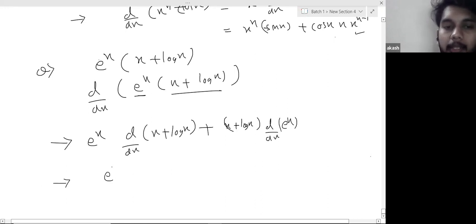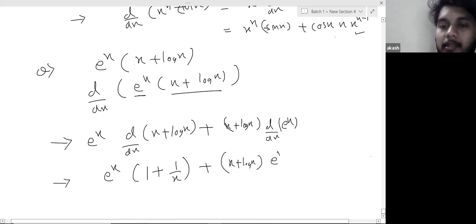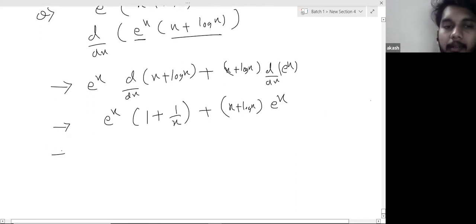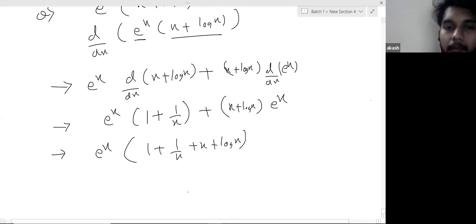So this will be equal to e raised to the power x, differentiation of this: differentiation of x is 1 plus differentiation of log x is 1 upon x, plus x plus log x into differentiation of e raised to the power x, which is e raised to the power x. All right, you can take e raised to the power x common, you get 1 plus 1 upon x plus x plus log x. All right, this is clear, Abdul?